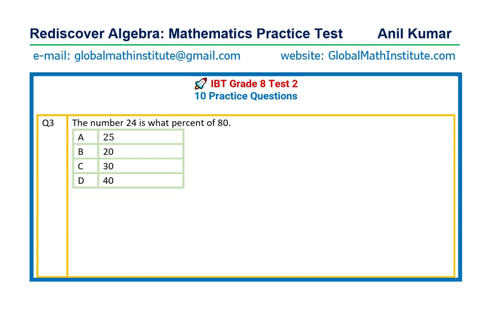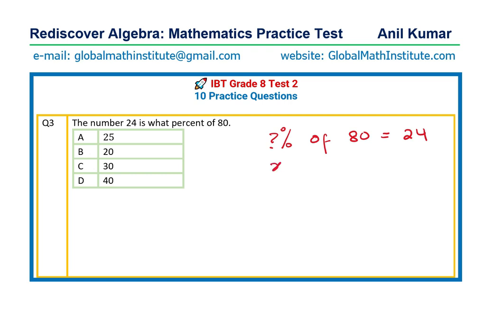Question number 3 here is the number 24 is what percent of 80? So we don't know. So what percent of 80 is number 24? You see, that is how we actually write an equation, right? So we don't know what percent is 20%, 30%, what percent.